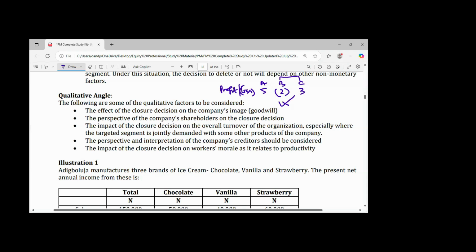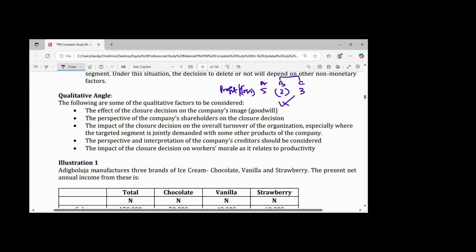There are other resources being used under this product B or segment B. So instead of outright deletion or discontinuance of product B, can the company switch all those resources, people, equipment and all of that to producing a more profitable venture? So you also need to take that decision into consideration.